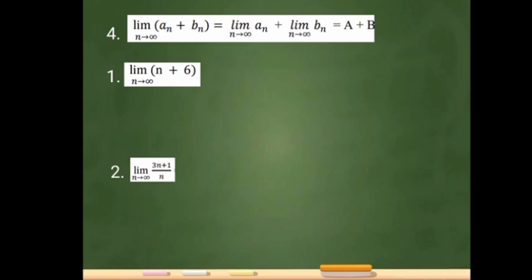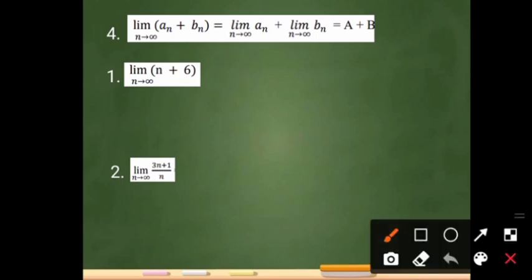For example number 1, limit n plus 6 as n approaches infinity. Let's distribute the limit. Our a_n is n, plus our b_n is 6.